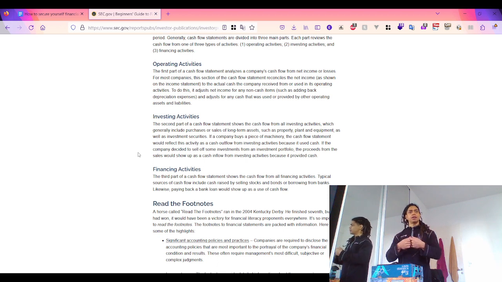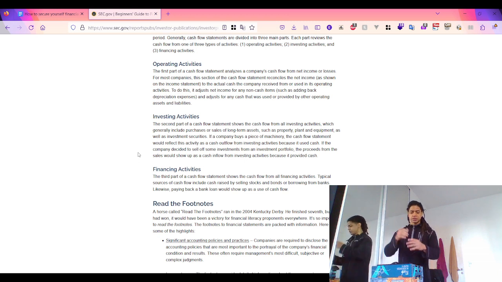It analyzes and reconciles the net income with non-cash items that affect the income statement where no cash is involved, such as amortization and depreciation, or stock compensation, as well as looking at the total amount of cash used or received from other operating activities.